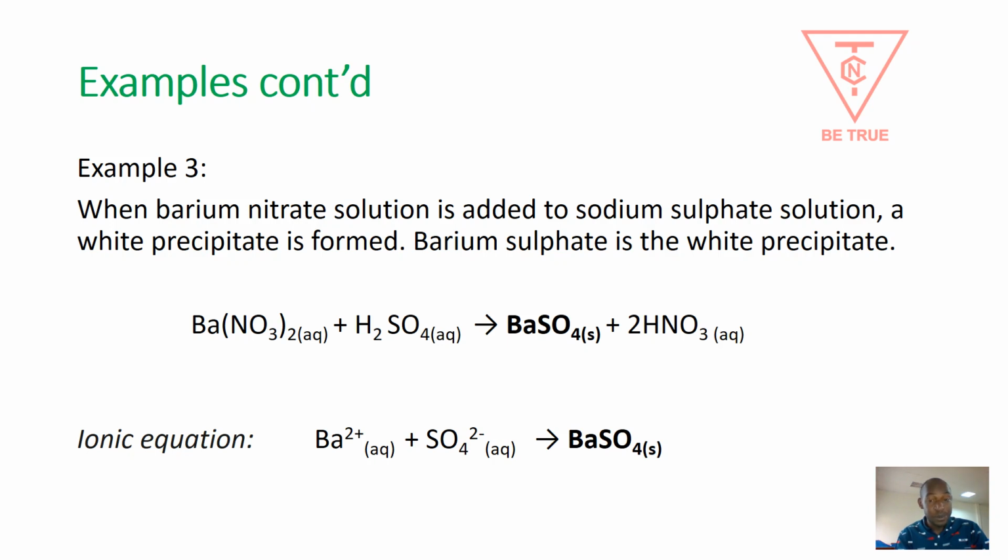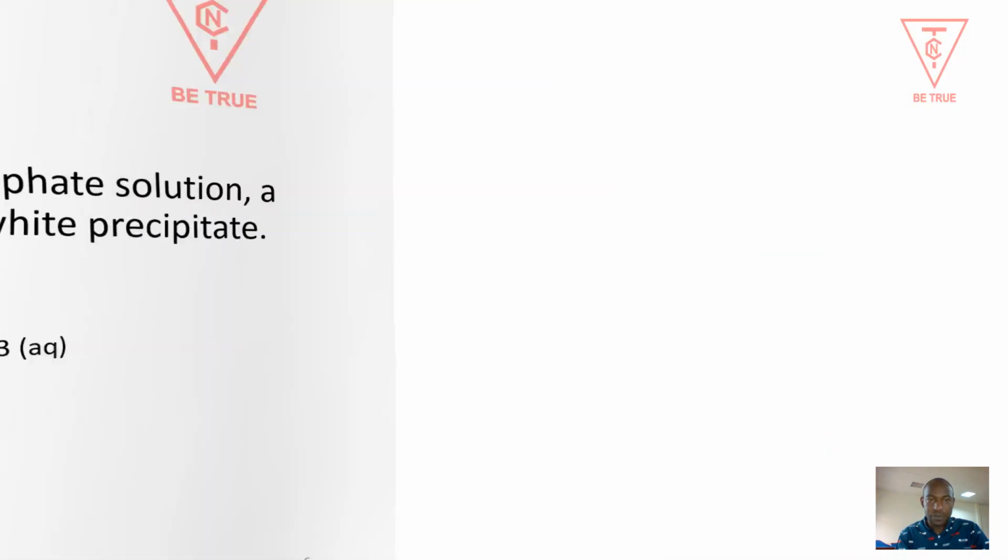And the color of the precipitate will depend on the color of the solid formed. Barium sulfate is a white solid. The net ionic equation is as shown at the bottom of this slide. You can try out the process by which we come up with that ionic equation.